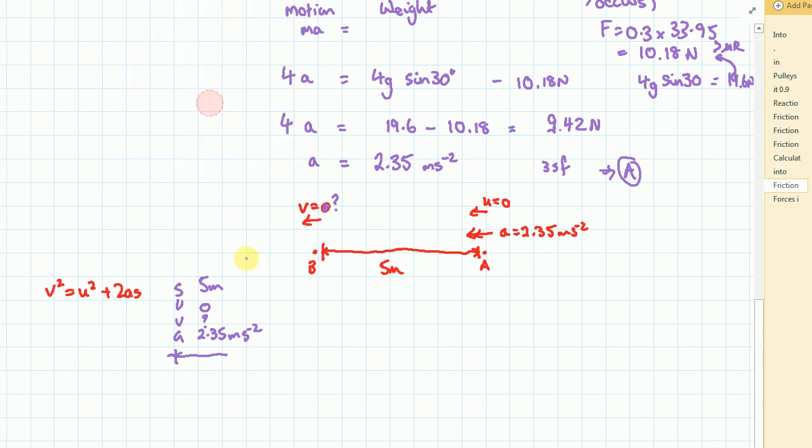I'd expect to see, as a minimum, it being written out as V squared equals 0 squared plus 2 times the acceleration, 2.35, saying positive to the left, multiplied by the distance covered, 5 meters.